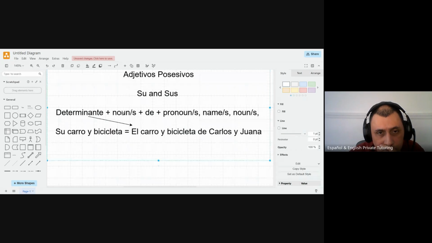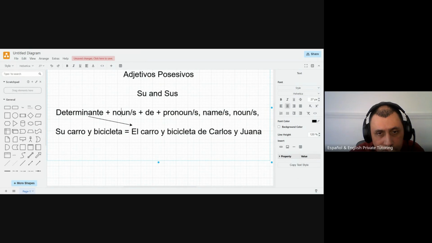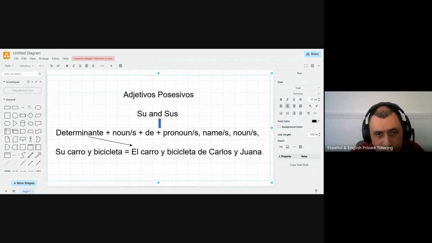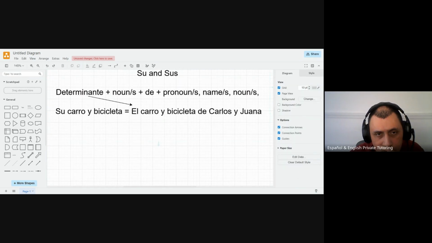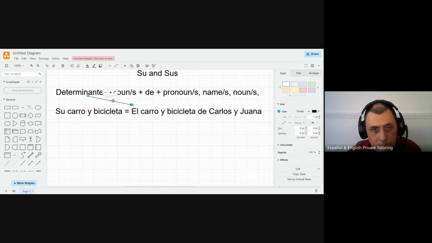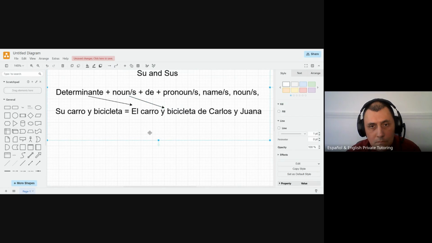Now let's go with nouns. So the nouns here is el carro y la bicicleta. Okay. Then we had the preposition de here.